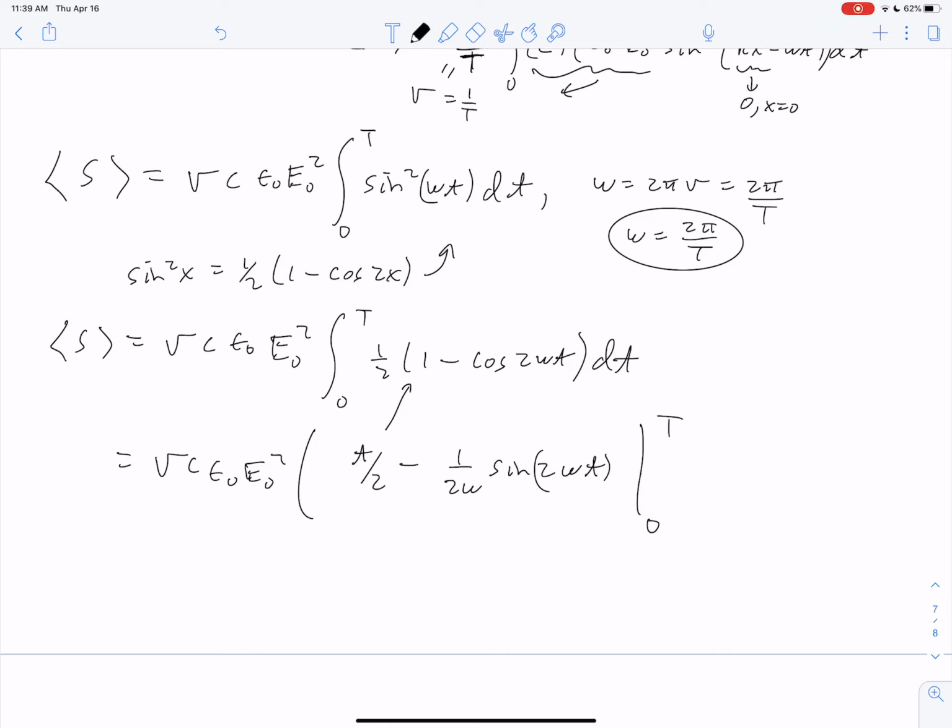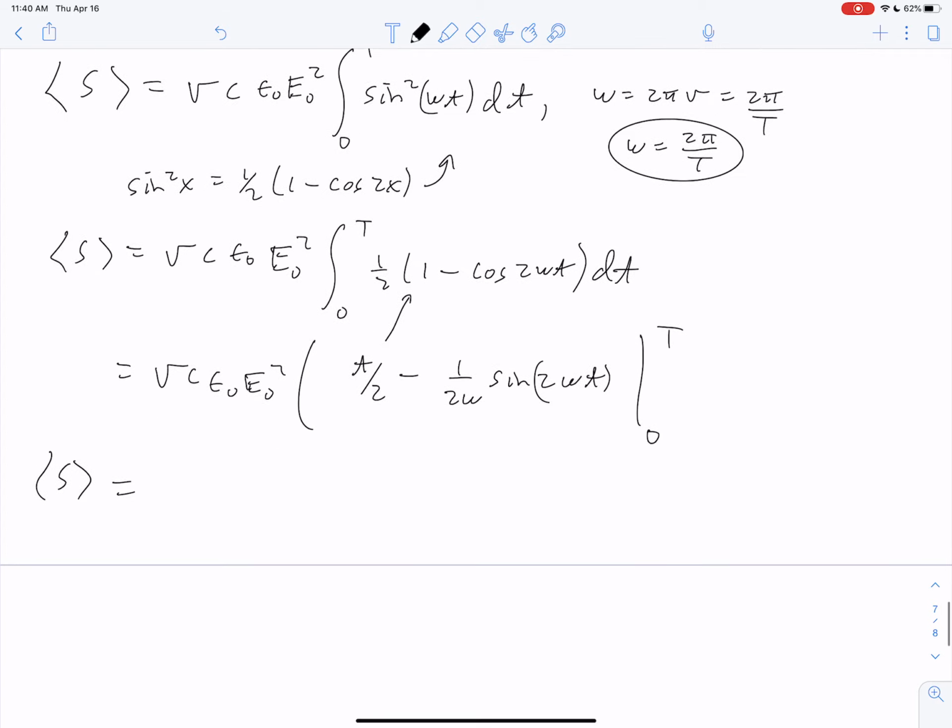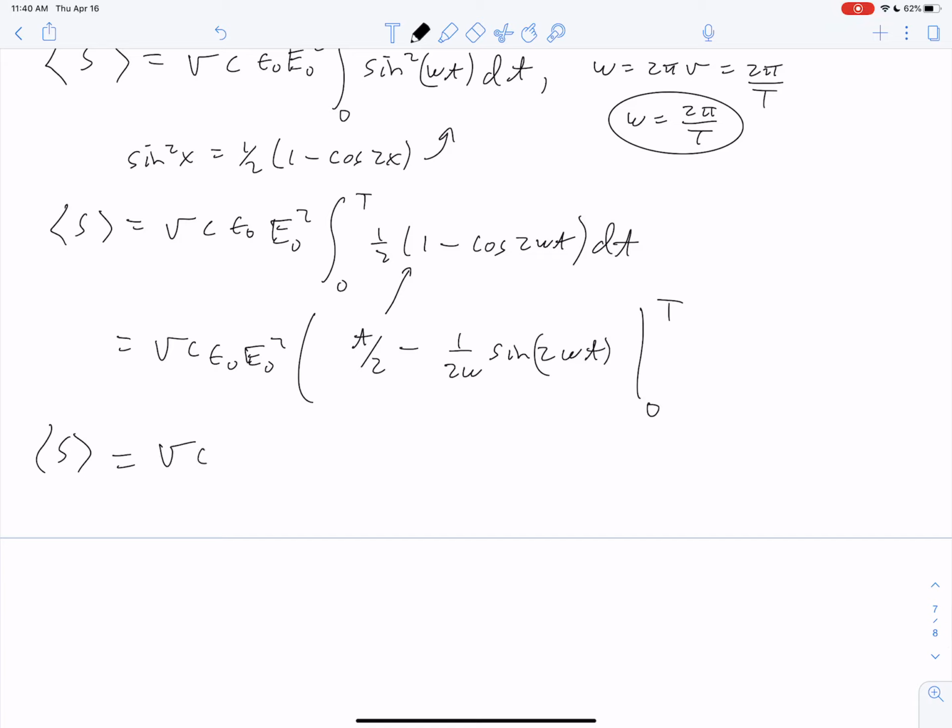When you do this evaluation, you see that I get nu c epsilon naught E naught squared, and this part turns into T over 2, and this part goes to 0. You plug it in and see for yourself. It goes to 0. So that's really cool.